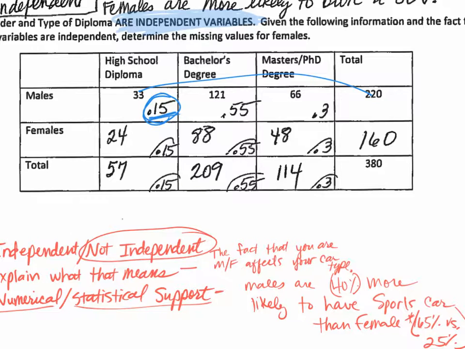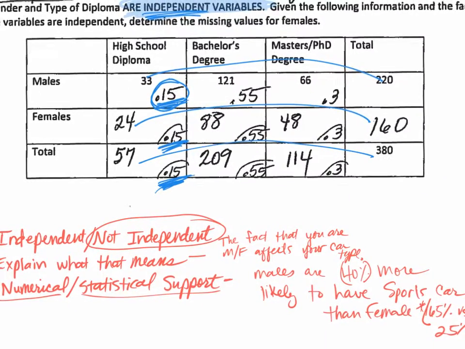Because they are independent, I know females also have the same rate, and the total also has the same rate. So this telling me they're independent is how I knew these rates were the same. Then I could just figure out what is 15% of 160, and that was 24. What is 15% of 380, and so on. Okay, questions there. There's your numbers.